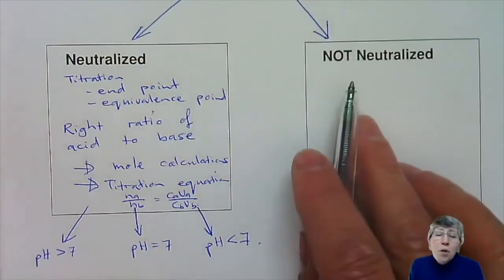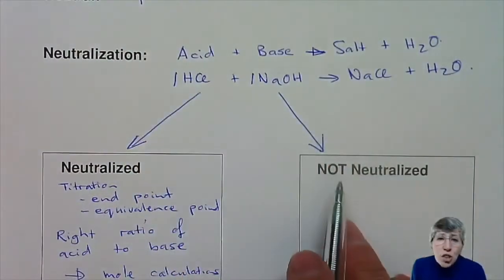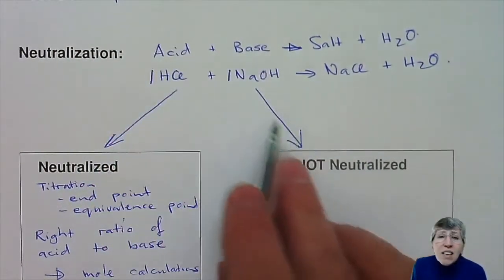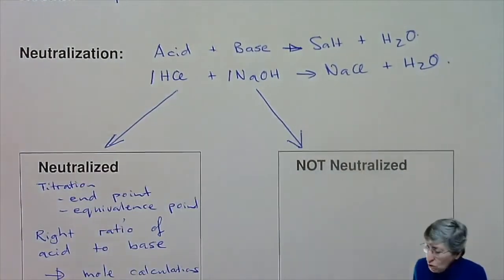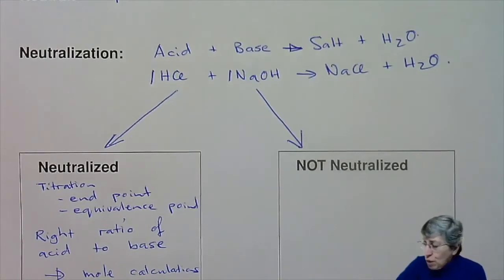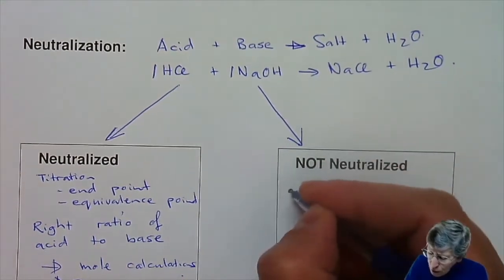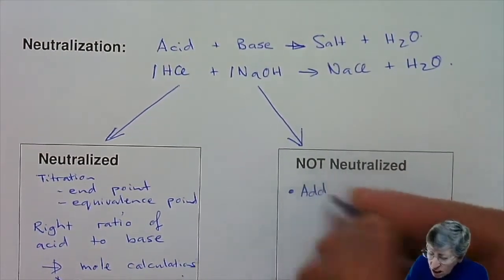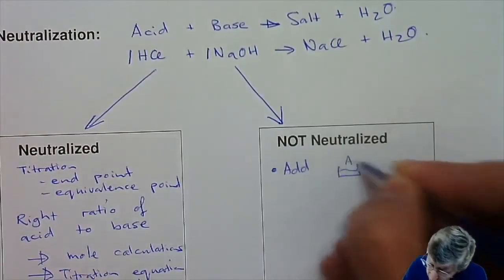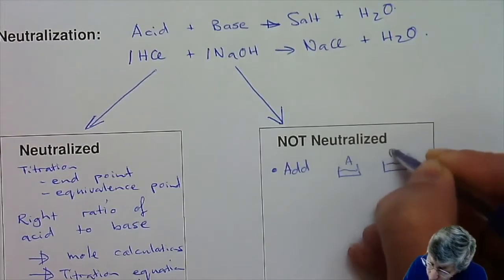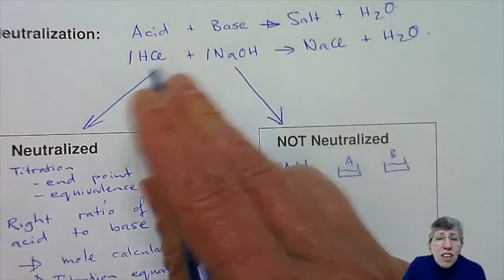Right, then moving on. How about not neutralized? Now, if I add things and I don't put them in that ratio, then it will not be neutralized. And I can think of 3 examples. First example, if they just add acid and base. Say you've got a beaker with acid and you've got a beaker with base, and they're not in the ratio 1:1.